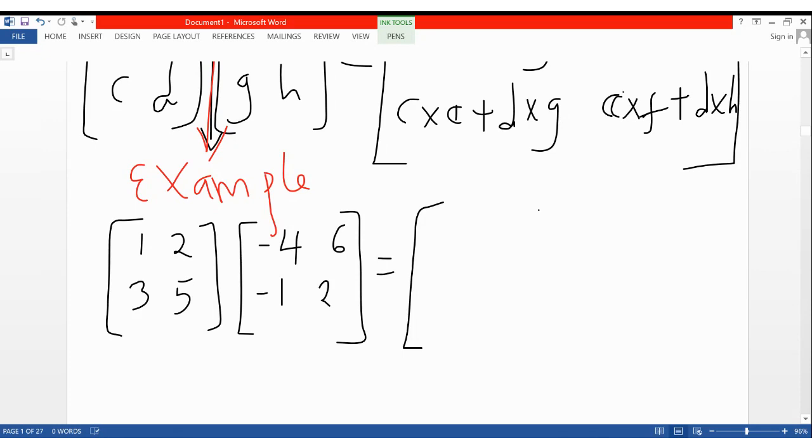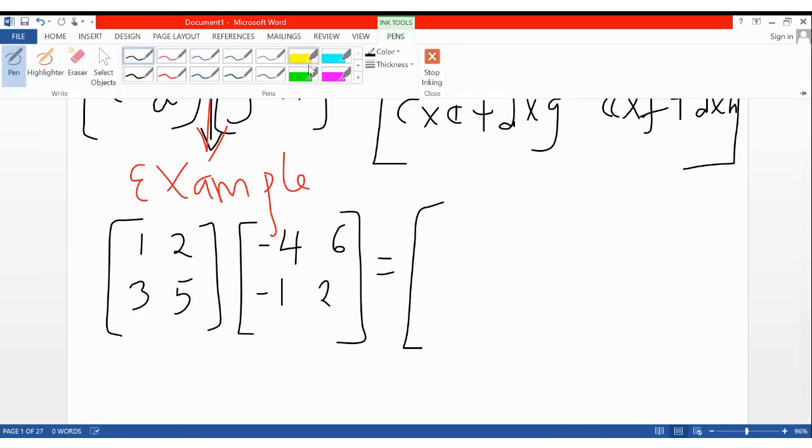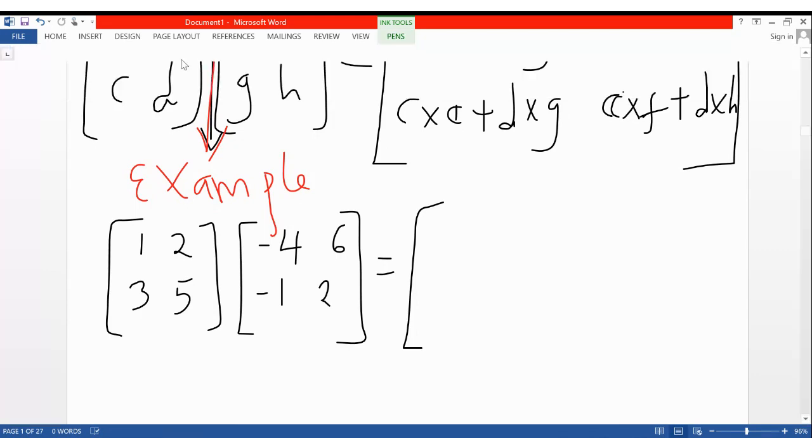I'll do row, column, like that. So on the first entry, I'll have 1 times negative 4 plus 2 times negative 1.